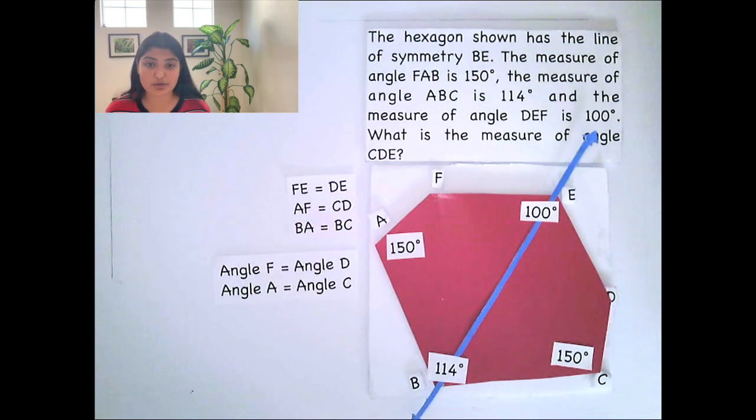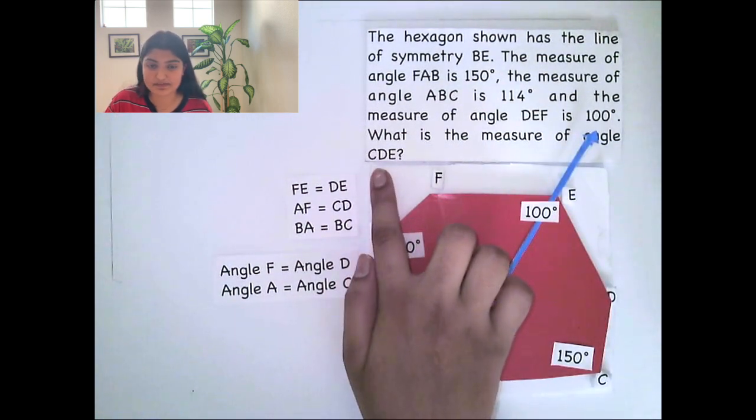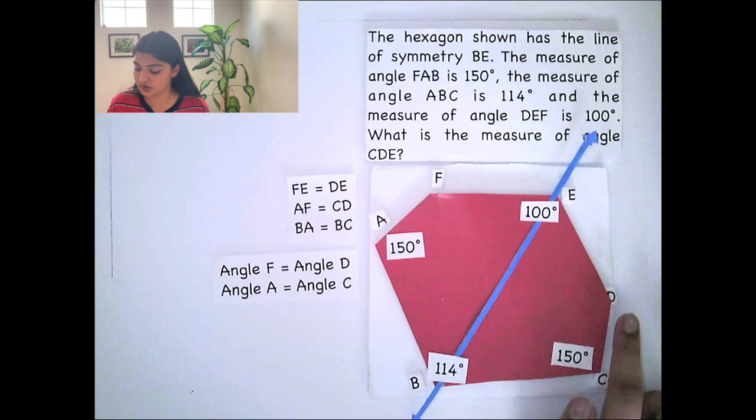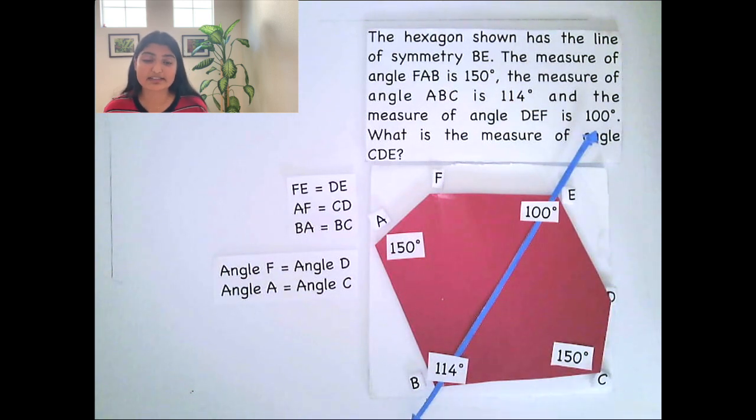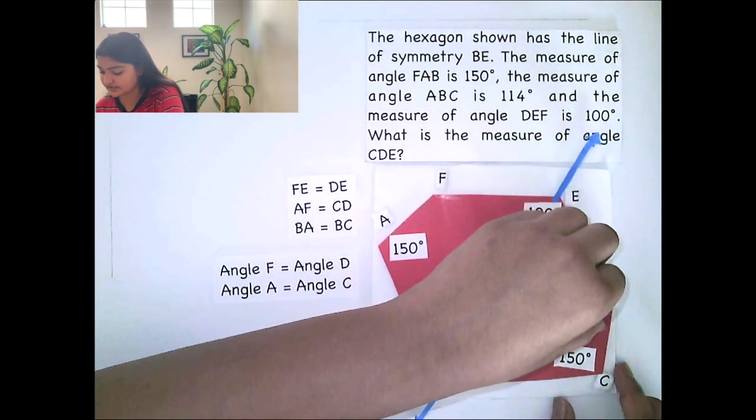Now, looking back to the question, we can see that it is asking for the measure of angle CDE. As the measure of this angle is unknown, we must assume it through a variable. In this case, let's assume the measure of angle CDE as x degrees.